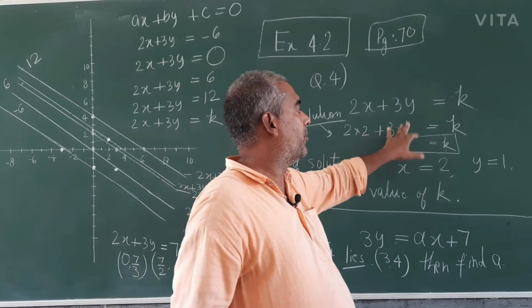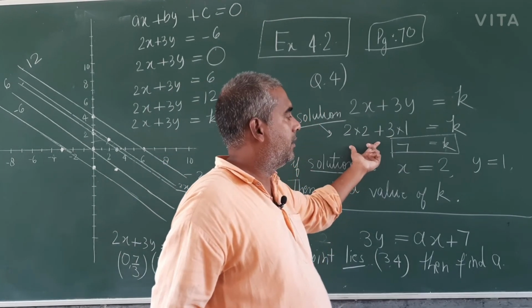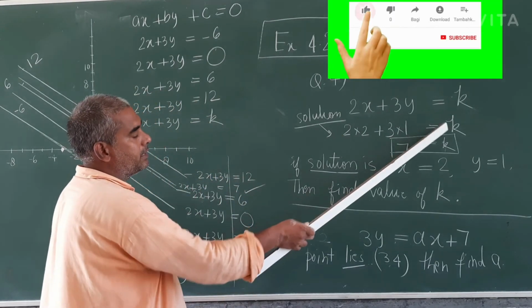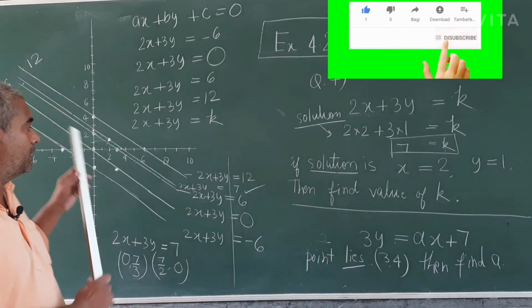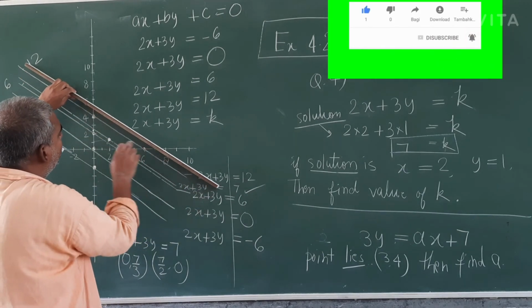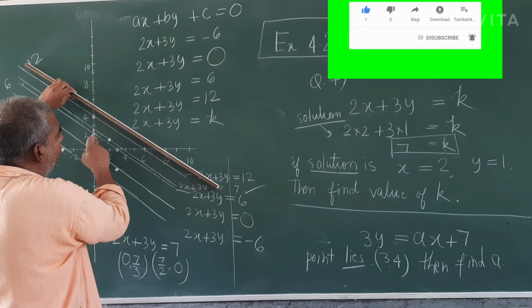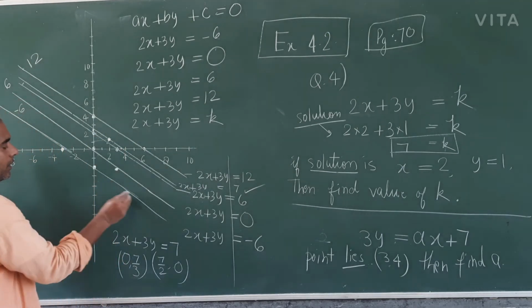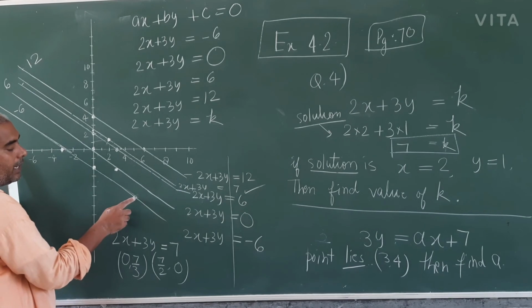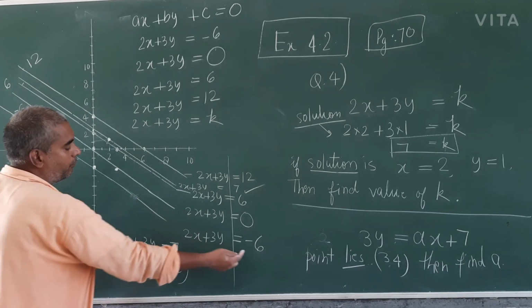I have explained why we put it. These all are our parallel lines. So he is asking which k makes the parallel line pass through this point 2, 1. They may give another point also, like 3, 4, or any point here, and ask what is the value of k.